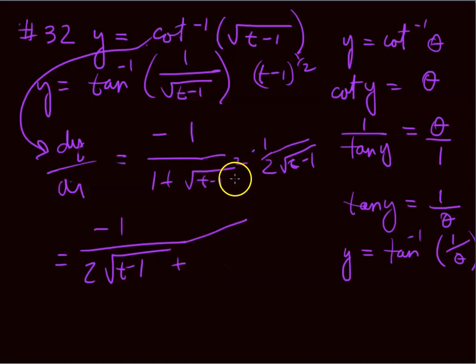This is t minus 1 times 2 times that. So it's really 2 times t minus 1, and we have a 1 plus a 1/2 or 3/2.